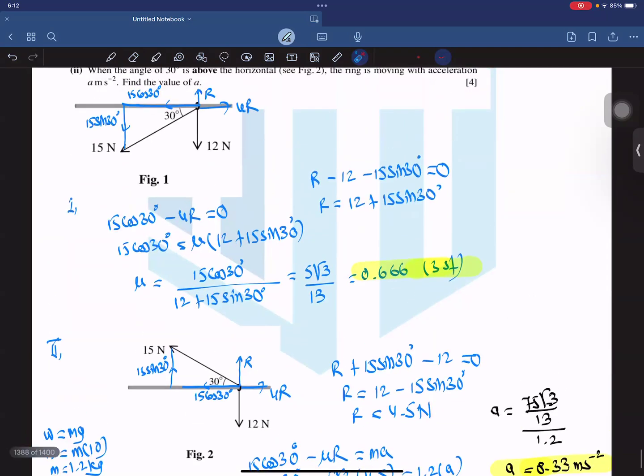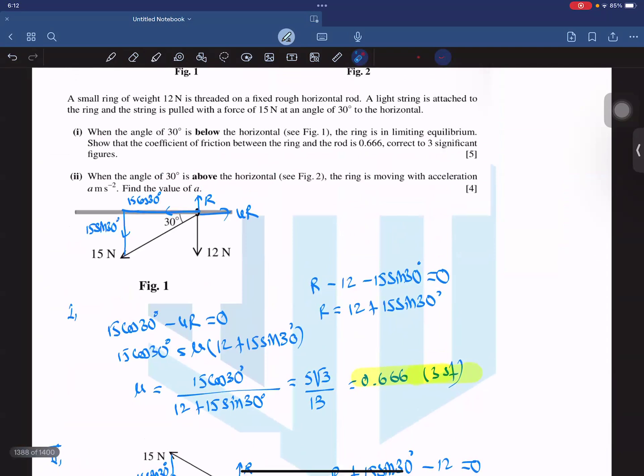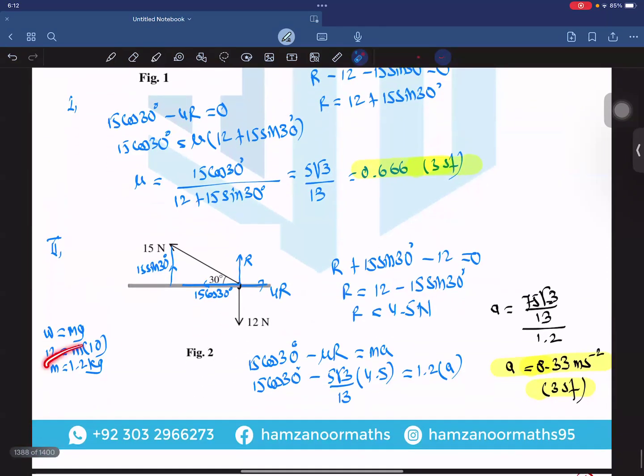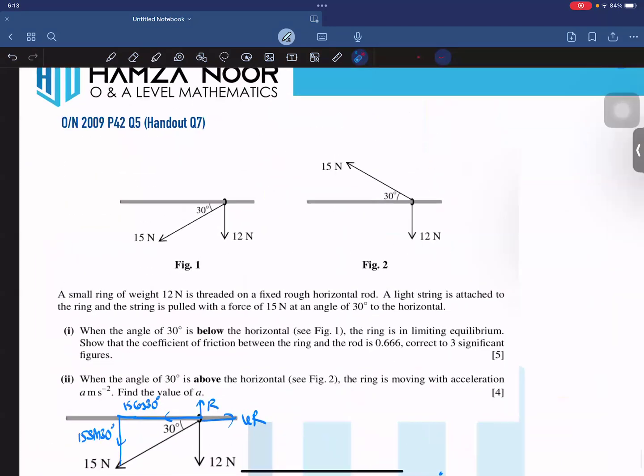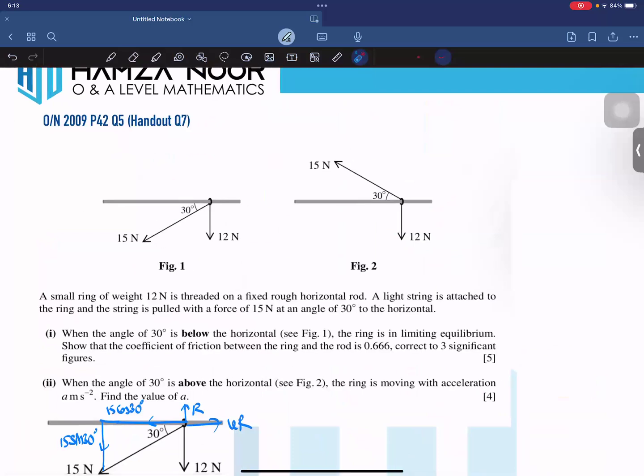In this question, the weight was given, but the mass you need to find like this. So the value of acceleration is 8.33 meters per second squared, correct to three significant figures. This was handout question number 7, October November 2009, paper 4, variant 2, question number 5.